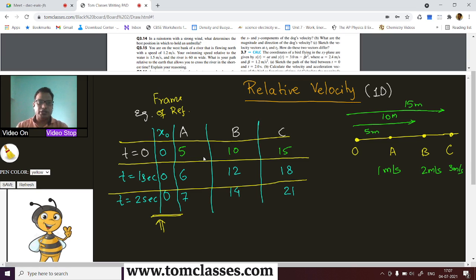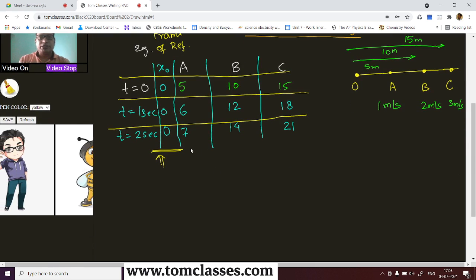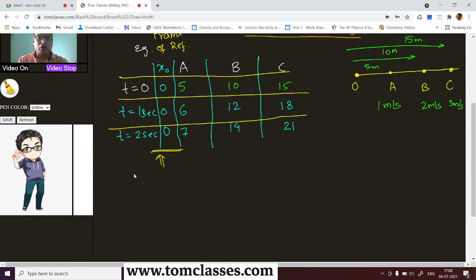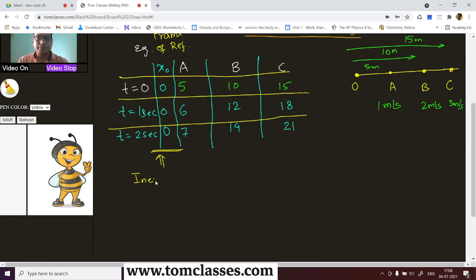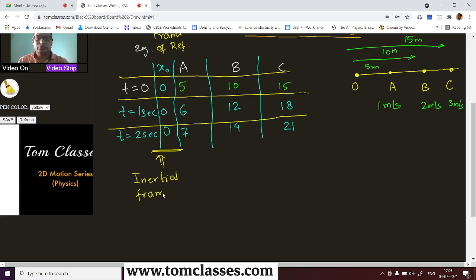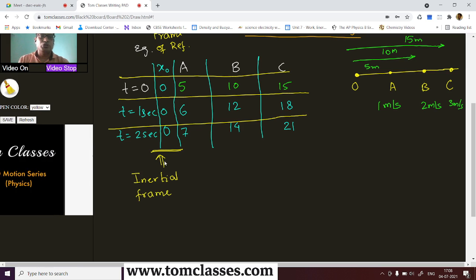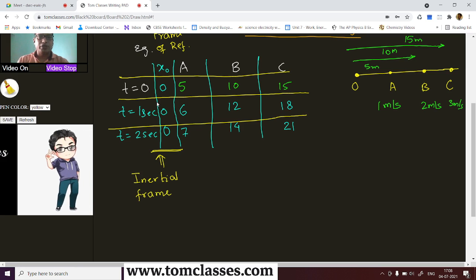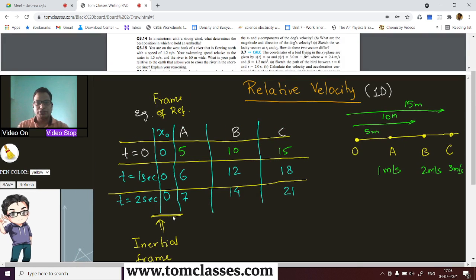So such a frame we call an inertial frame, because the relative motion with respect to this is not going to change, right?